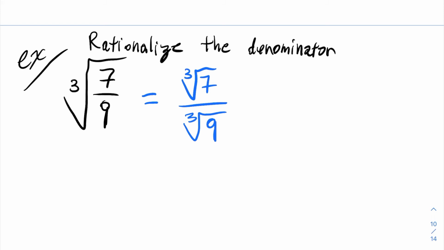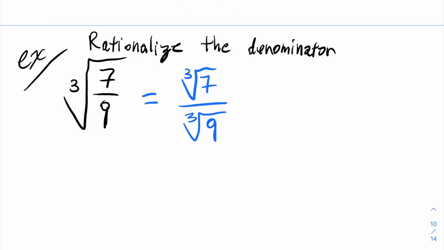9 doesn't have any triplet factors, identical triplets that you can multiply to get 9 that are like counting numbers. So we don't have any counting numbers that we can multiply by themselves 3 times to get 9. Irrational number. And I can't simplify that because the cube root of 9 doesn't have any factors that are perfect cubes that will be rational if I take their cube roots.